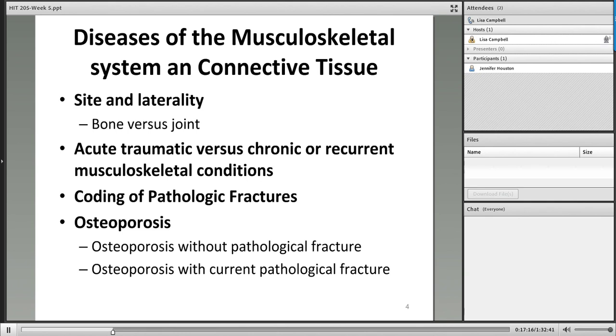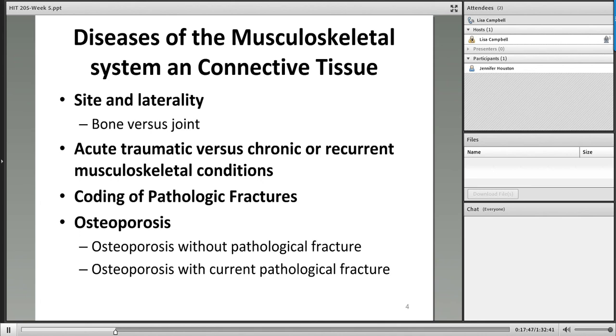So, for example, under coding of pathological fractures, the guidelines talk about the seventh character A, which is for use as long as the patient is receiving active treatment. They give examples of active treatment. The seventh character D is for encounters after the patient has completed active treatment. And then they talk about care for complications of surgical treatment.